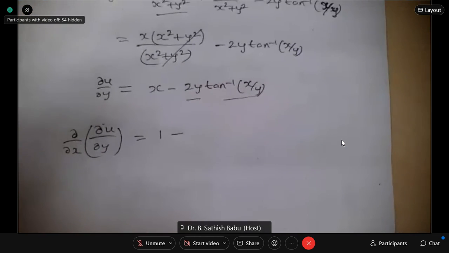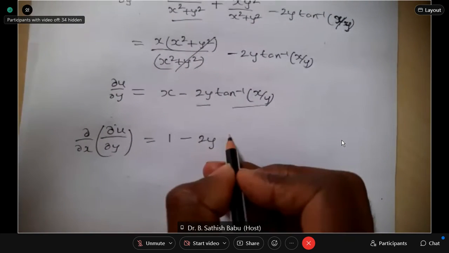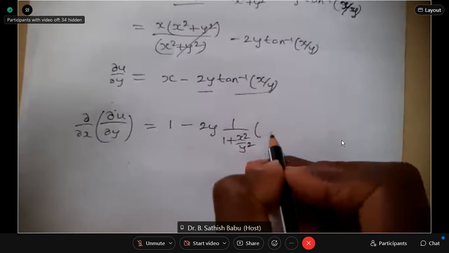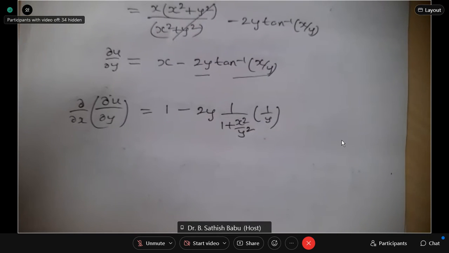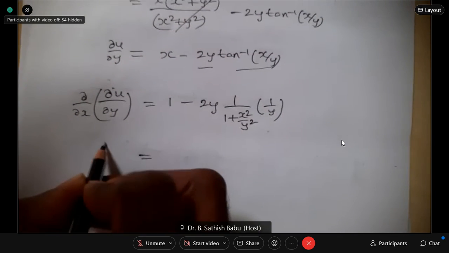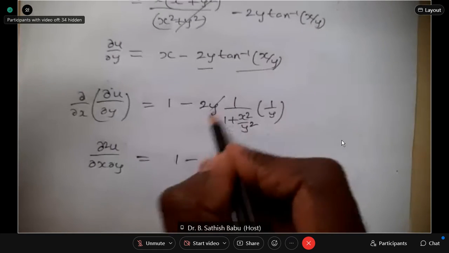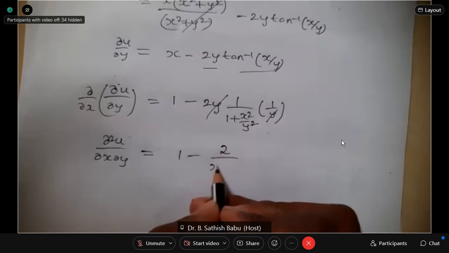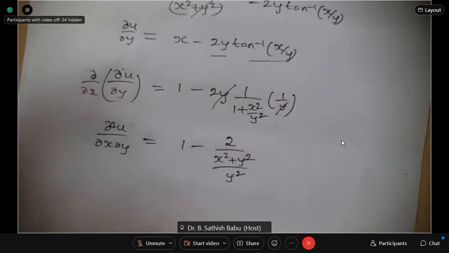No, sir. 2y will be constant. 2y is treated as constant. 1 over 1 plus x square by y square into differentiation of x by y gives you 1 by y. Fine. It is dou square u over dou x dou y. 1 minus, and y and y will get cancelled. It is 2 divided by x square plus y square divided by y square.